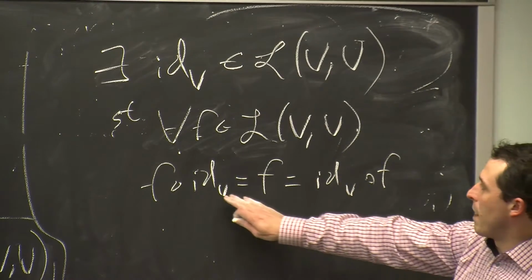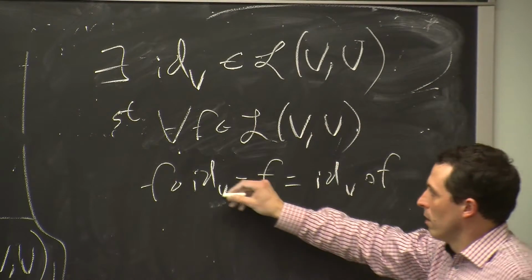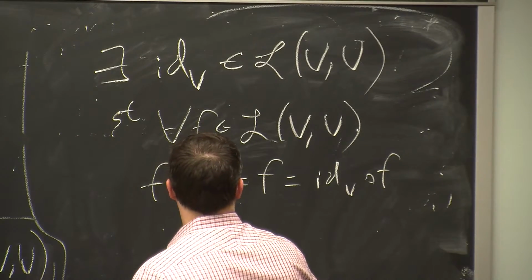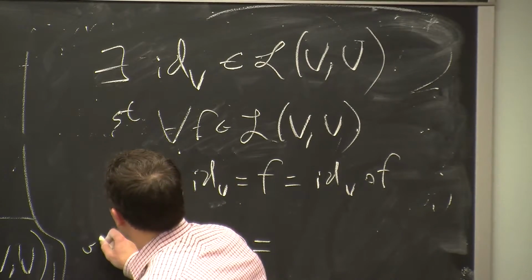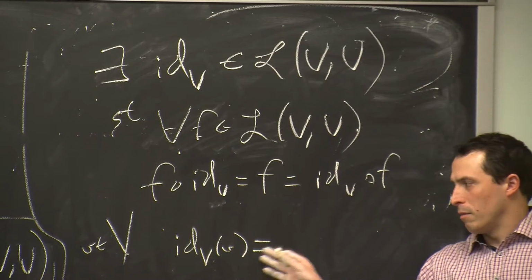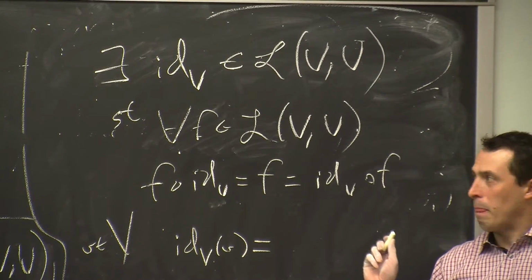There's some special linear map, which I'm calling I_V, which is an element of this that has this property. So what map is that as a function? The name is a hint. So what is I_V of v? v is a vector in the vector space that we're talking about. I can define a function by telling you where it sends v. Where should it send v for this to hold?